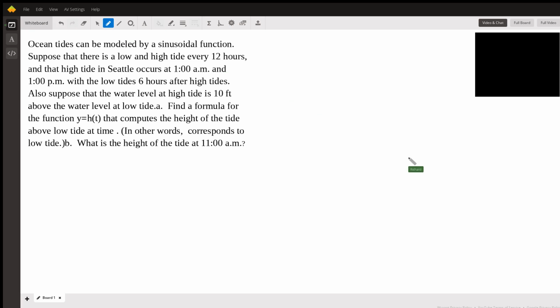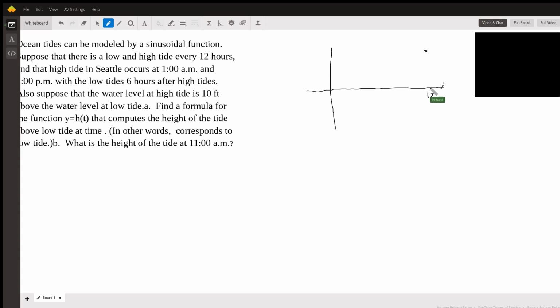So I'm going to start the sketch now and see if we can get something reasonable. We know that there's a high tide every 12 hours, so there's a maximum here, and then another maximum here, occurring at 12.